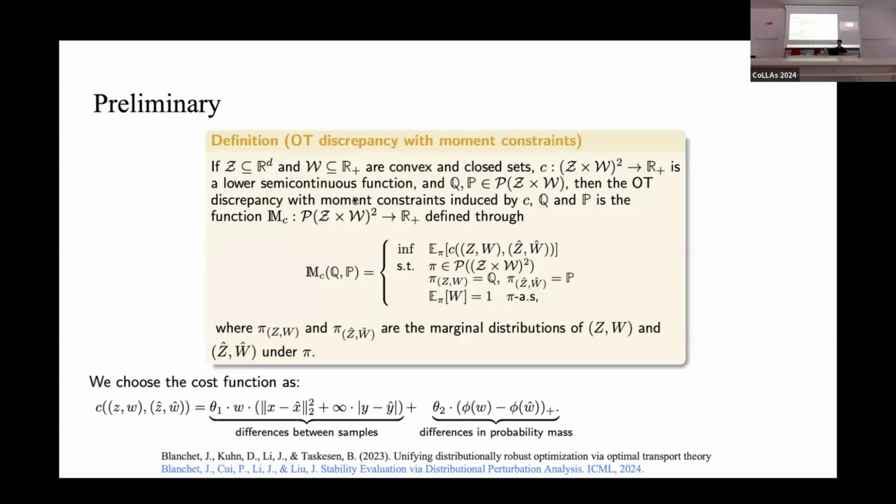For the original OT distance, we only compute in the sample space, denoted as the script E. And for this generalized one, we uplift the sample space to a one-dimension-higher space, which is a joint space of sample Z and sample weight W. And then we choose a cost function like this at the bottom here, which combines the difference between samples and also the difference between the probability weights. And here theta 1 and theta 2 control the relative strength of these two kinds of shifts.